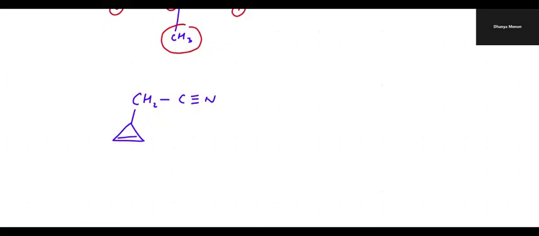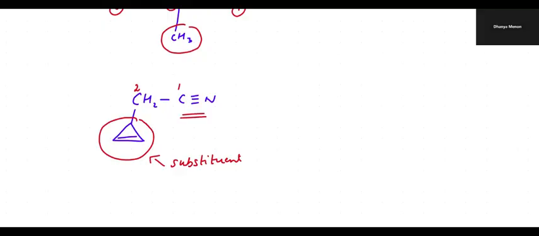So how would be the numbering, or who would be the main chain? Definitely the one that has the functional group will be the main chain. So this is our main chain, number 1, number 2. At the second position, I have a cyclic substituent, right? So this becomes our substituent because the one that has the functional group is our main chain.